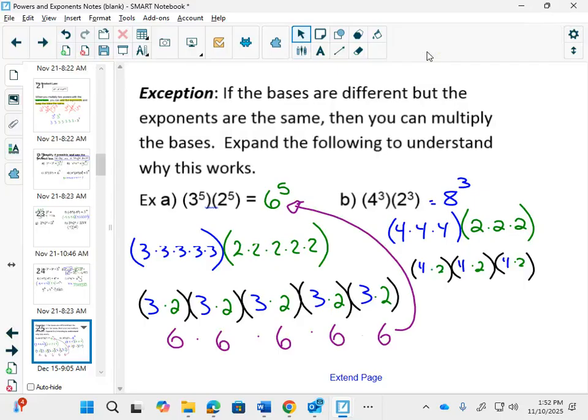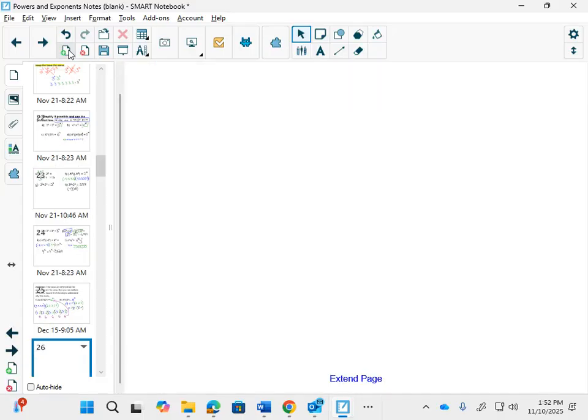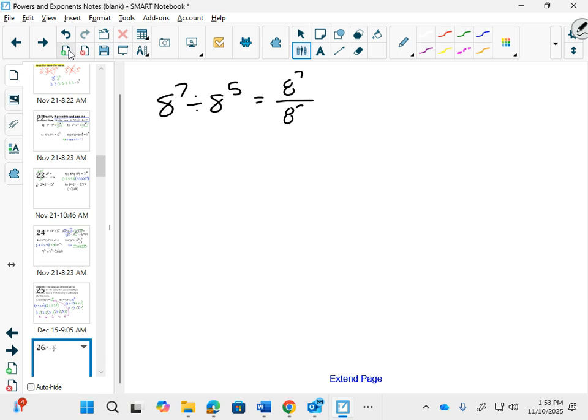The next rule is the quotient rule. Often we write dividing with a line like this. 8 to the 7 divided by 8 to the 5, we write as a fraction. And the answer to this one is 8 squared.